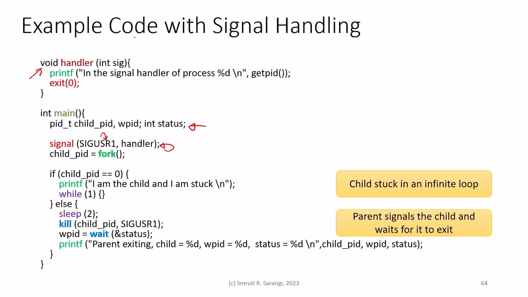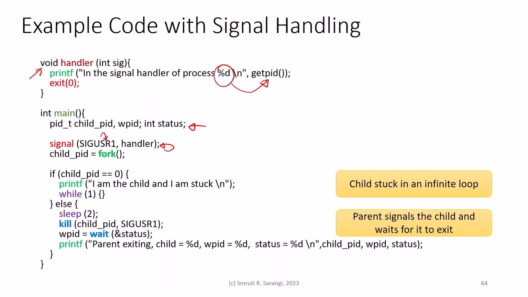Every signal handling function has the same signature. It does not return anything. It has a single integer argument, which is the signal number. It basically says that I am in the signal handler of this process, where %d is filled by getpid, which is a library call that wraps a system call to get the process ID of the current process.